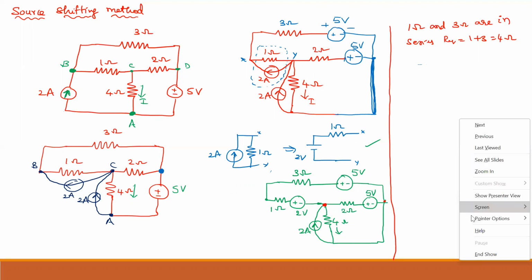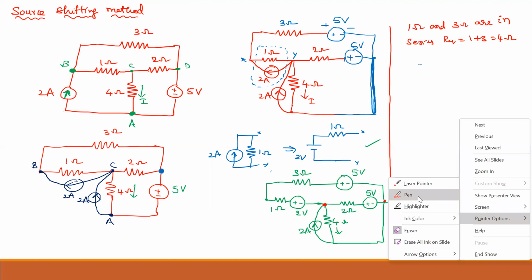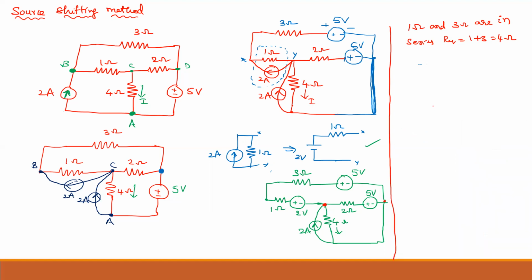That means both are opposite. If both are opposite, obviously we have to do the subtraction, right? So 5 volt and 2 volt are in series and opposite. How much will you get? 3 volt, same polarity as the 5 volt source.